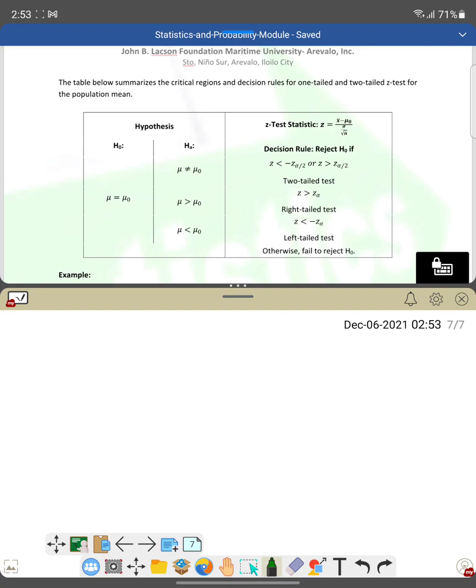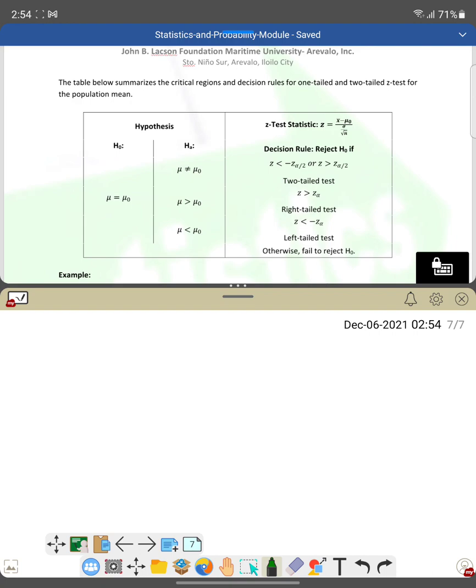But if the z value is greater than z sub alpha, we have the upper-tailed or right-tailed test. But if the computed z is less than negative z sub alpha, which is located to the left, that's why it is represented by the negative symbol, we have the left-tailed or lower-tailed test.